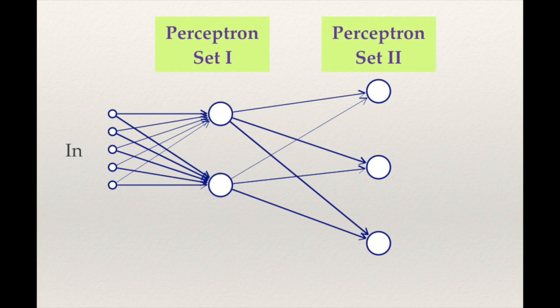Actually, there is no theoretical limitation on how many layers we can stack into a neural network. In practice, generally we can employ multiple layers to process data and to perform multiple steps of transformation.